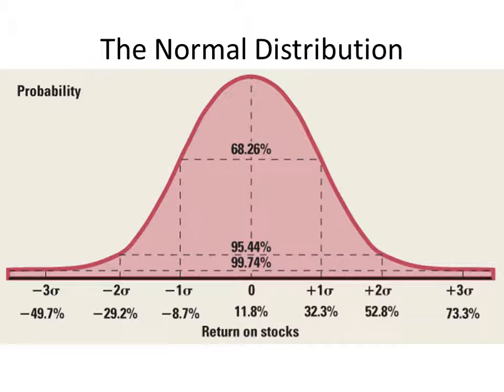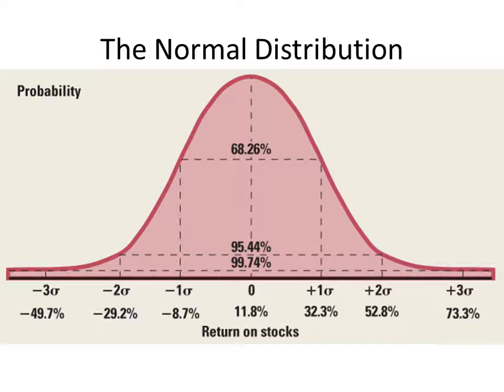We've got returns on stocks here, and the mean is 11.8%. How do I know that's the mean? Because that's the highest point in the normal distribution. It's also marked with a 0. In other words, it's 0 standard deviations away from the mean. Now, it tells me that plus 1 standard deviation is 32.3%. How much is 1 standard deviation?